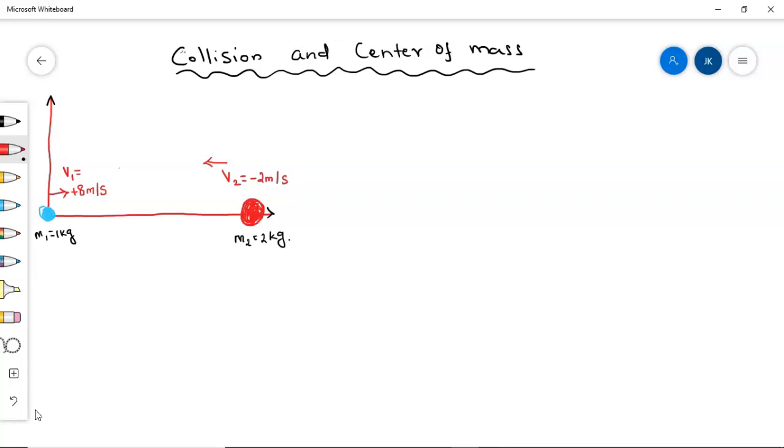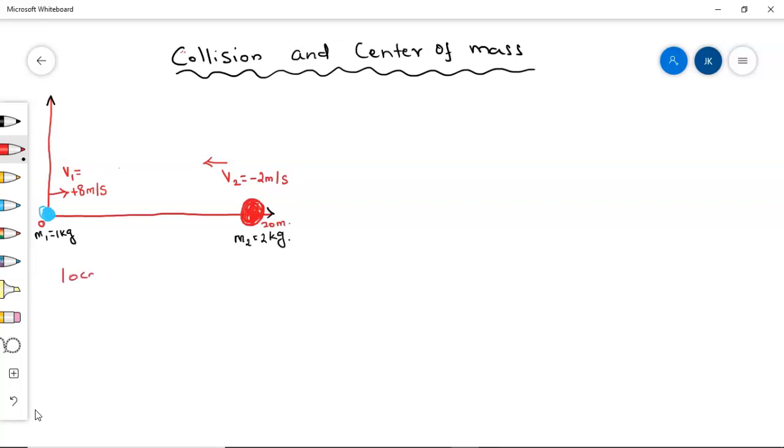Now first, here we should know the location of mass 1 is at 0, and the location of mass 2 is 20 meters from the origin.